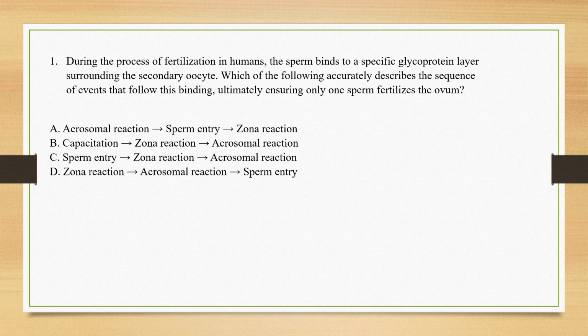So we will just go through all the options, and the right answer here is option A: acrosomal reaction followed by sperm entry, then zona reaction. Acrosomal enzymes digest the zona pellucida, allowing sperm entry. Once the sperm enters, zona reaction prevents polyspermy. That is, only one sperm fertilizes the ovum.